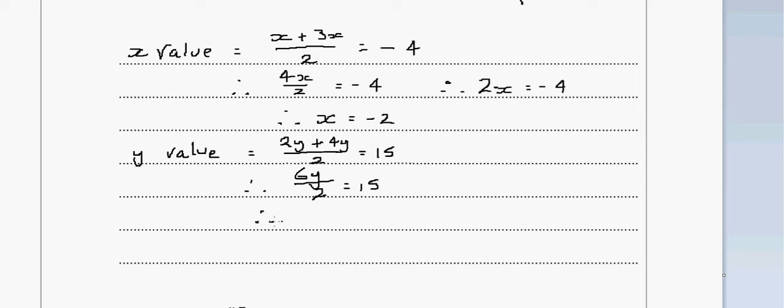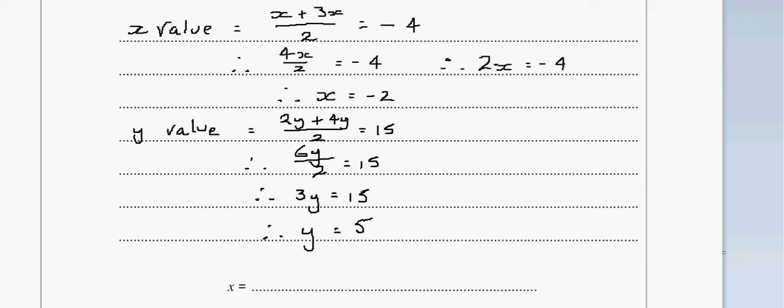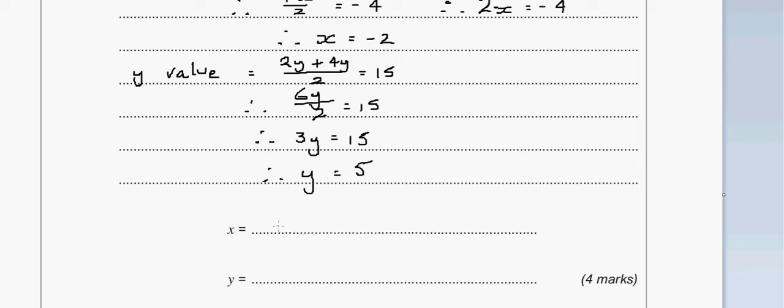Therefore 6y divided by 2 is 3y equals 15. So y must equal 5. Okay, so x has a value of minus 2 and y has a value of 5.